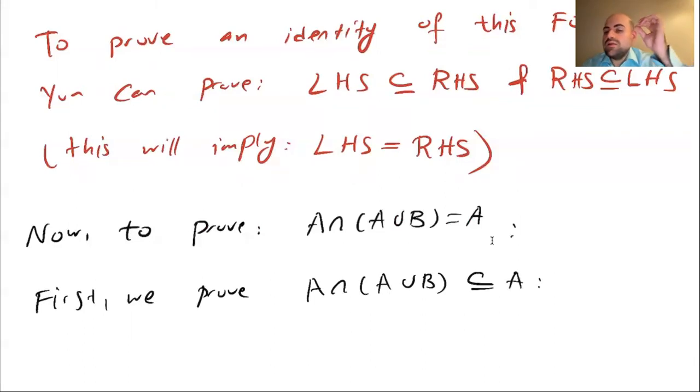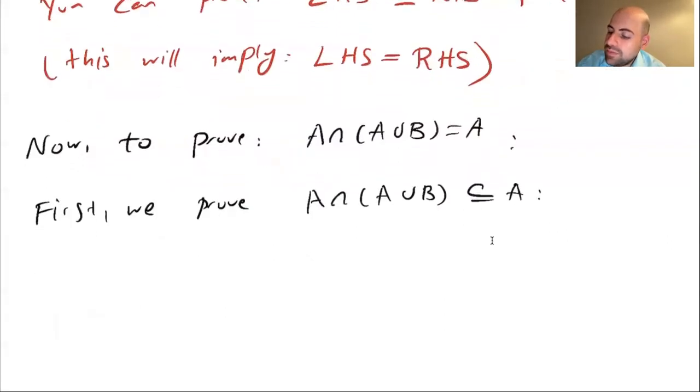Now, how do I show that one set is a subset of another? I have to take an arbitrary element in the first set and show that that element must be also in the second set. So let X belong to A intersection (A union B).